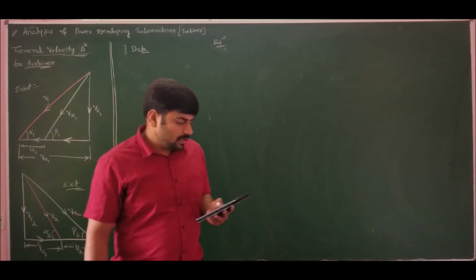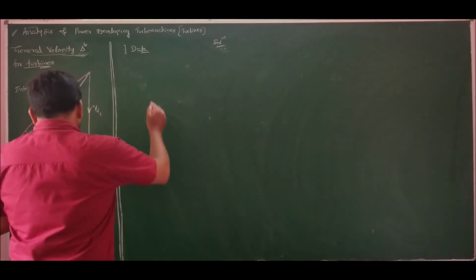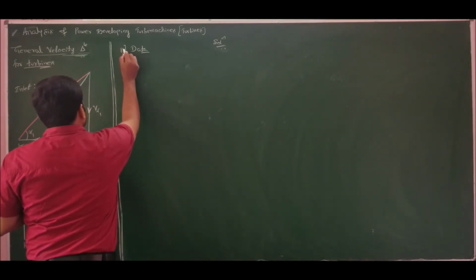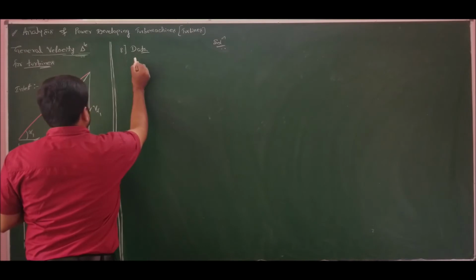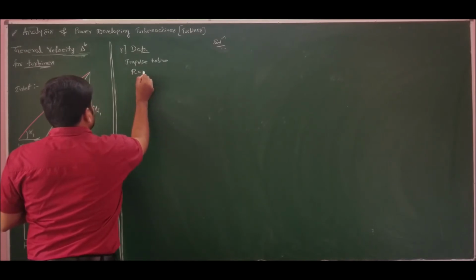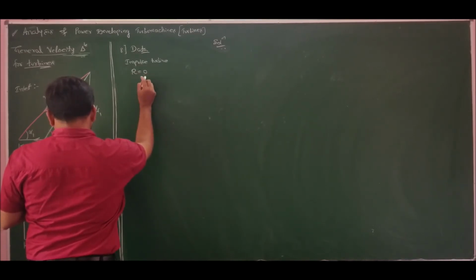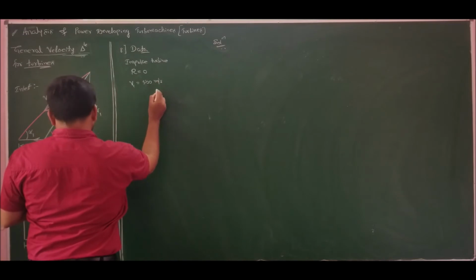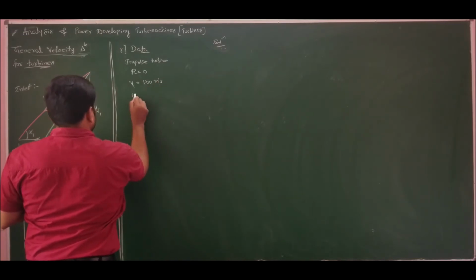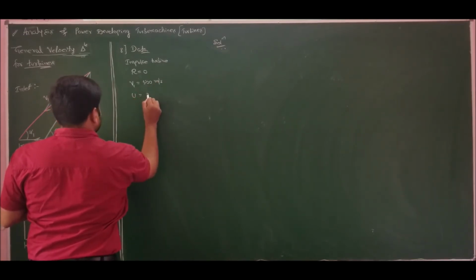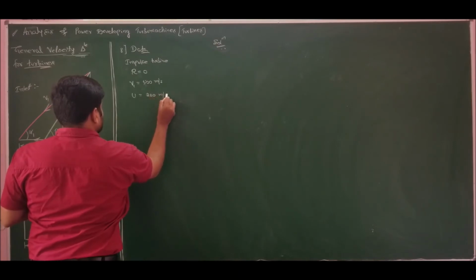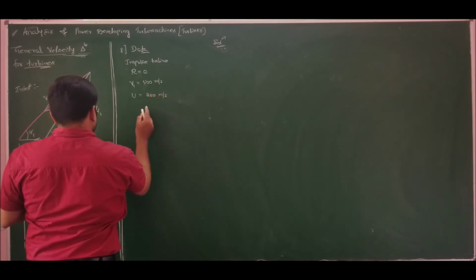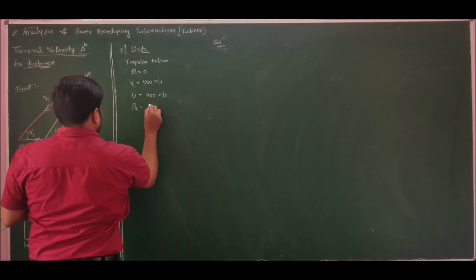If I list out the data given for problem number 8, we have an impulse turbine. So for an impulse turbine, degree of reaction is 0. Steam velocity V1 is 500 meters per second. The blade speed U is 200 meters per second. Exit angle of moving blade, beta 2, is 25 degrees.